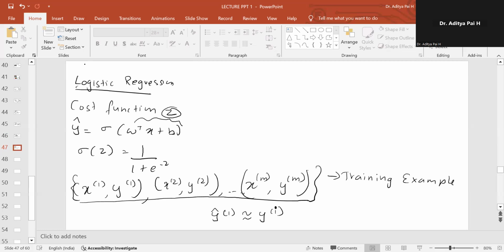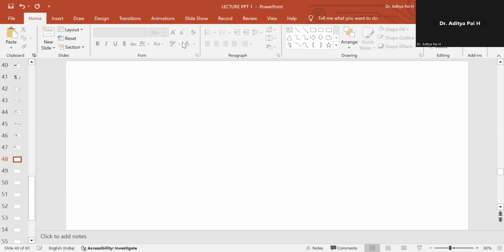So the prediction we have is nothing but y hat of i, which we had seen. So y hat of i should be equivalent to y of i. So what is y hat of i? y hat is equal to sigma of w transpose x of i plus b.